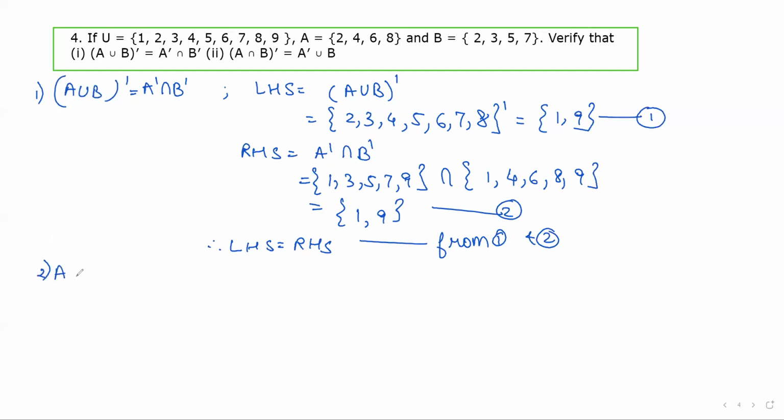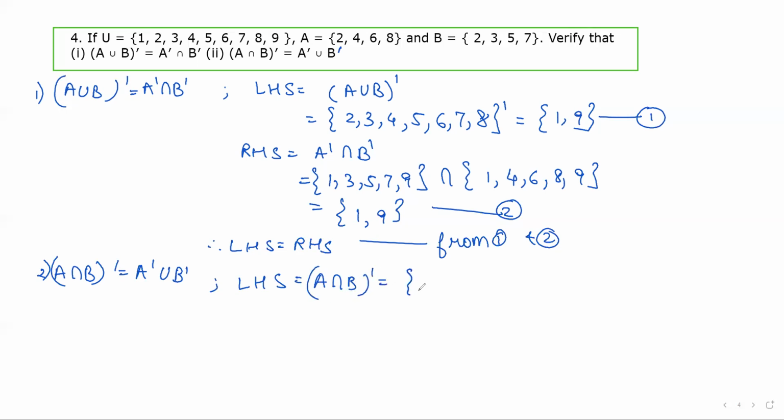Second, you have to prove that (A intersection B) complement is equal to A complement union B complement. Again, LHS will be equal to A intersection B whole complement.